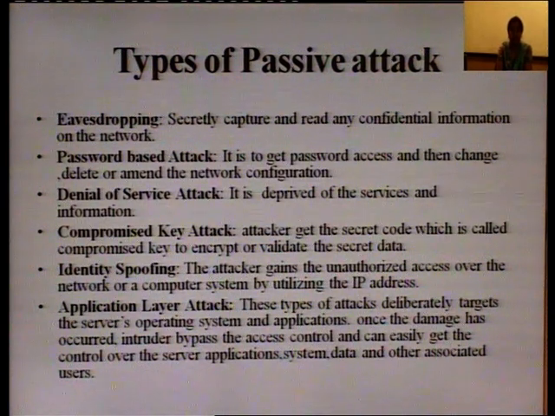So this is also a very dangerous type of attack, which attacks the operating system. The operating system is software which helps your hardware communicate with the software. So when the communication stops, the whole work on your computer will be finished. So this application layer attack is also very dangerous.